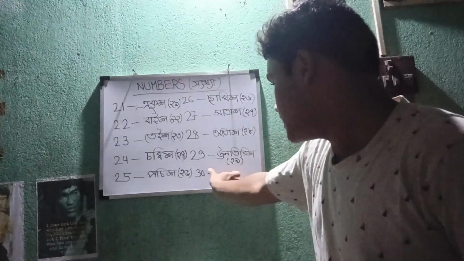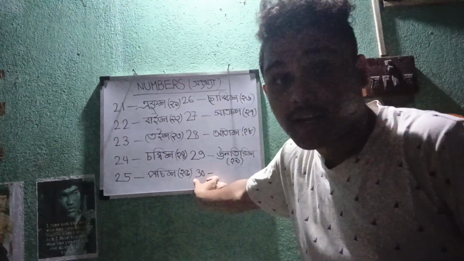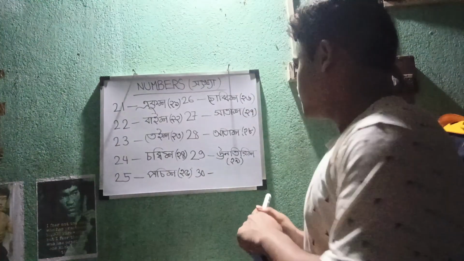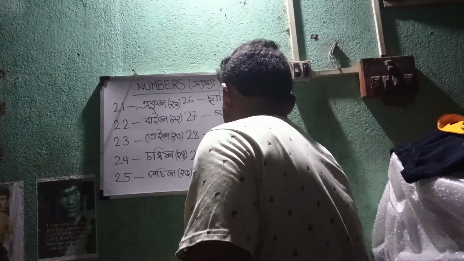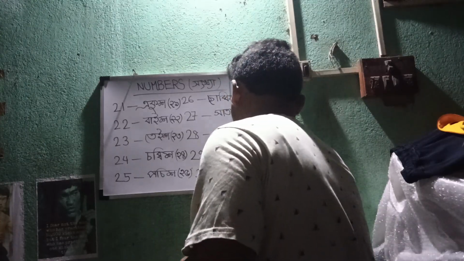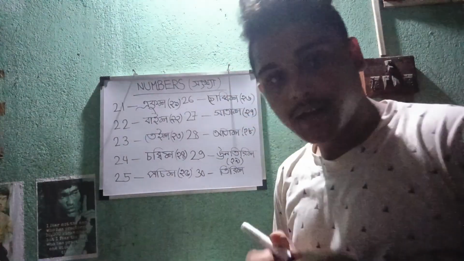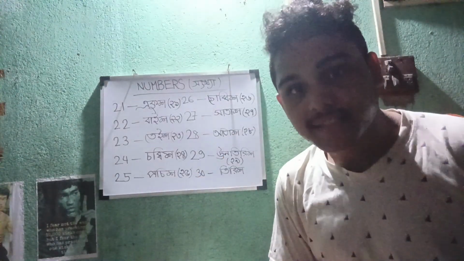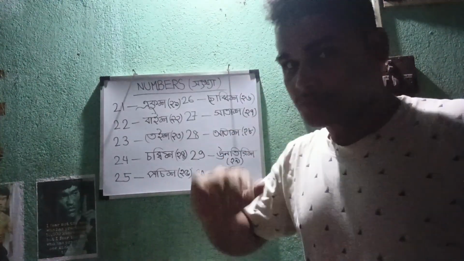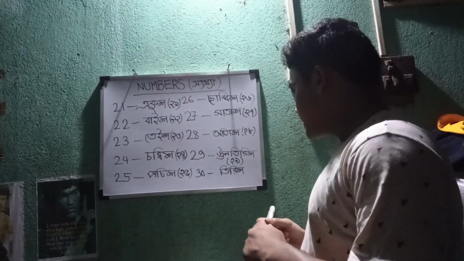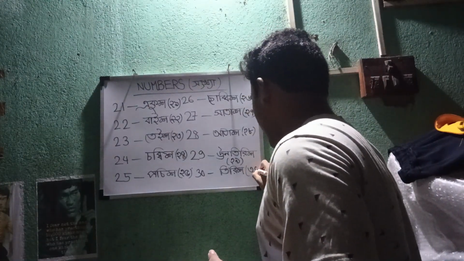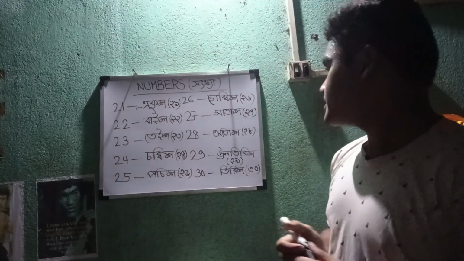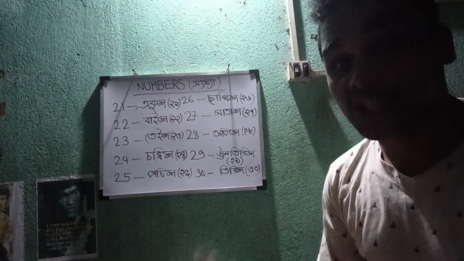Tirish. 30 means tirish, and 29 is unotirish. How can we write 30? First we have 3 and we have 0.